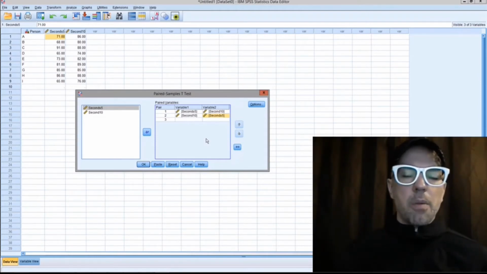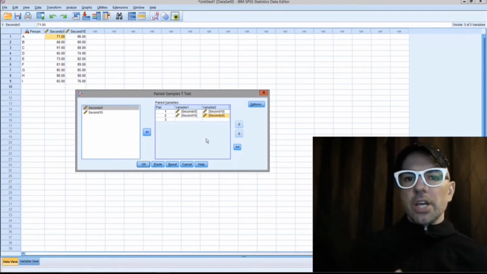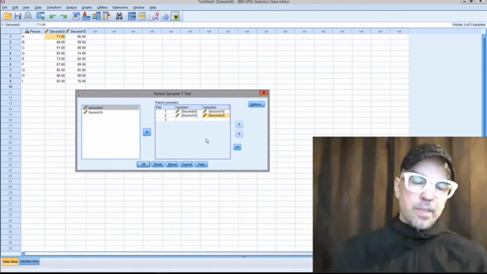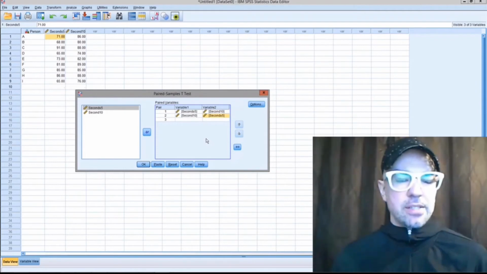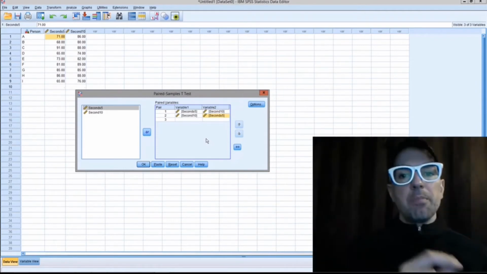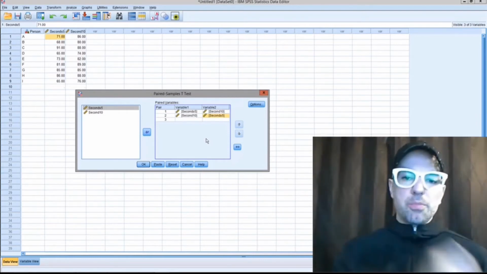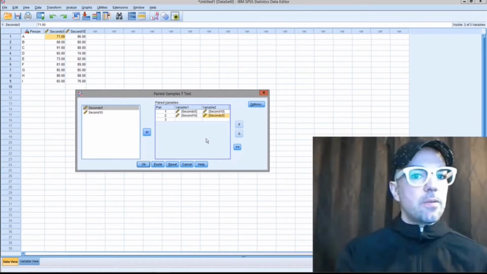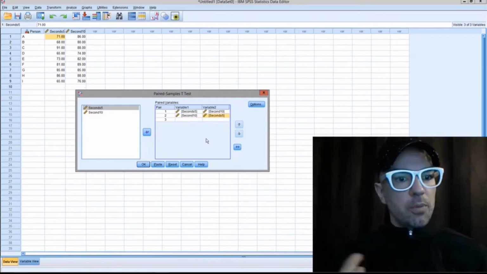In the end, you're going to come up with the same answer. It's just that depending upon the way that the question is phrased, such as was there an increase in accuracy, was there a decrease in accuracy, it might make a difference which one you put in first. Not for the final answer, but just for our own human understanding.